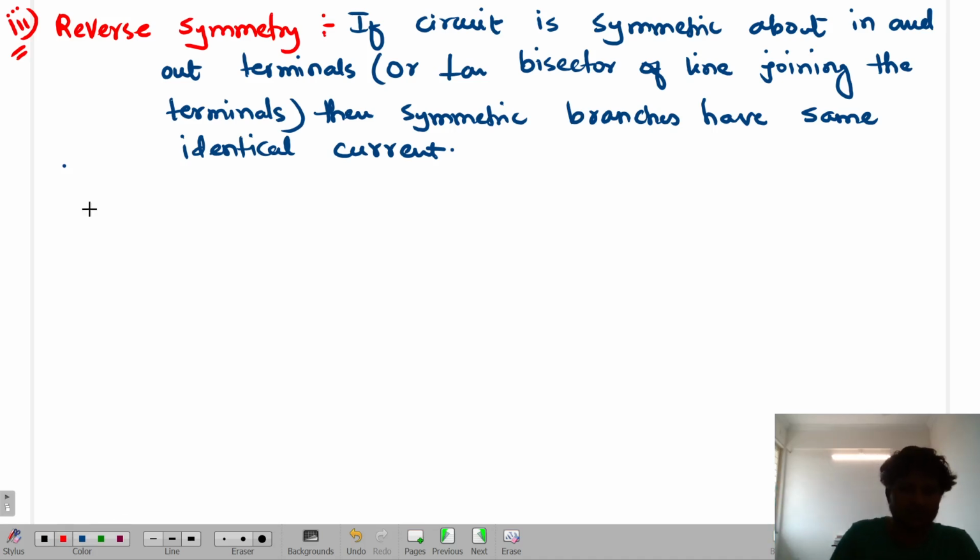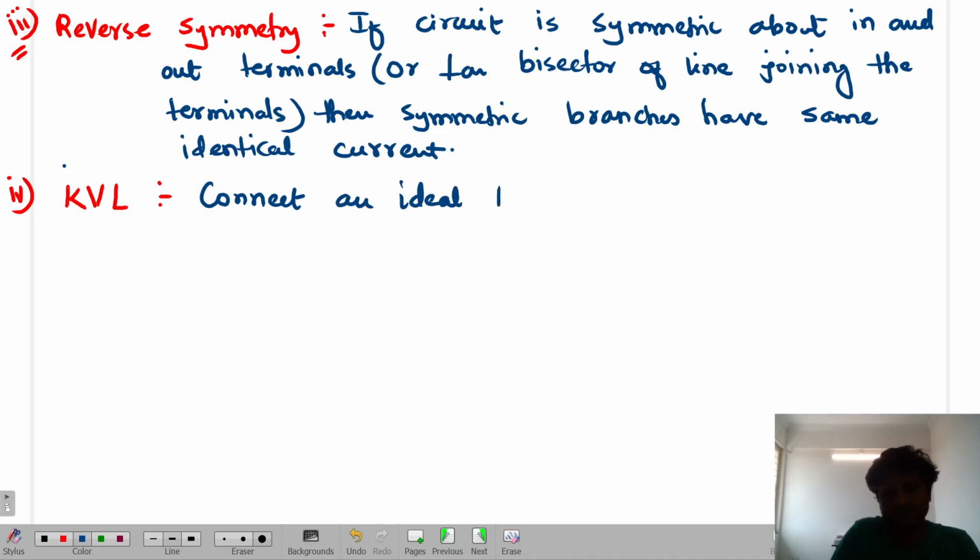And the last use which we were talking about, the fourth one, is the use of KVL, Kirchhoff's voltage law. So how to apply this? We just connect an ideal battery.